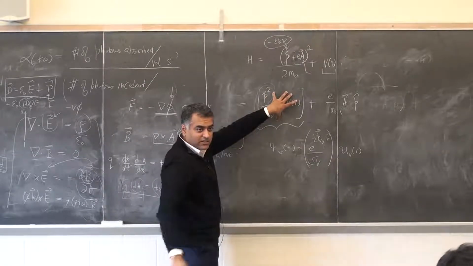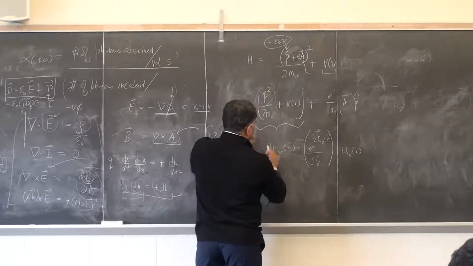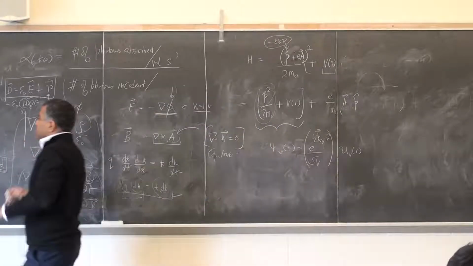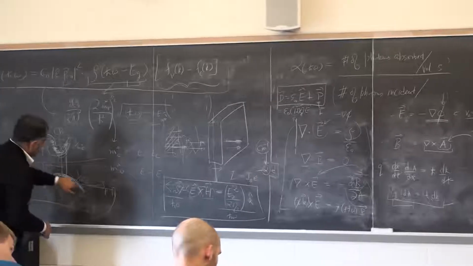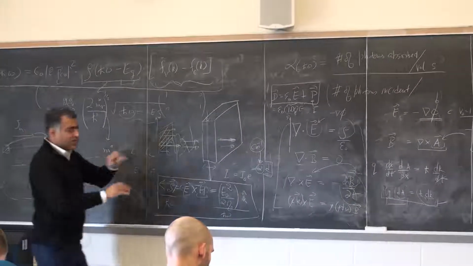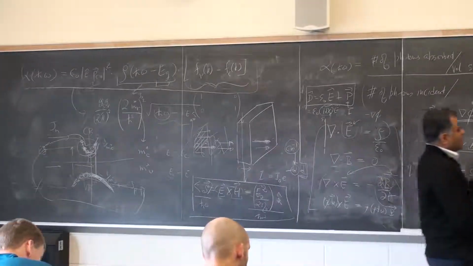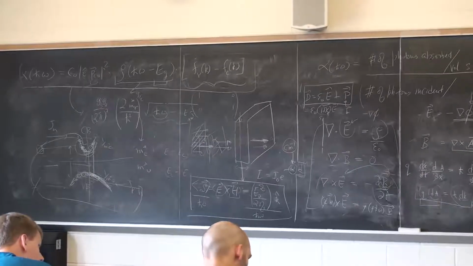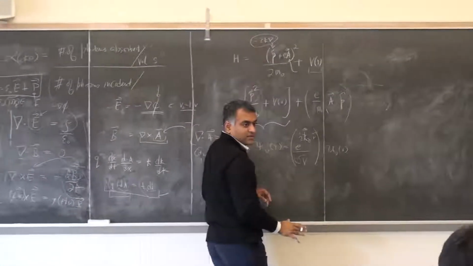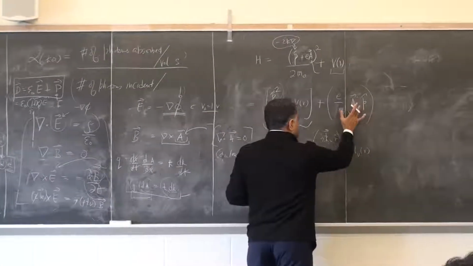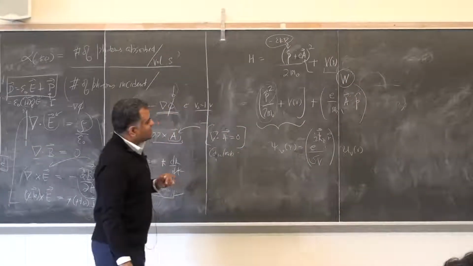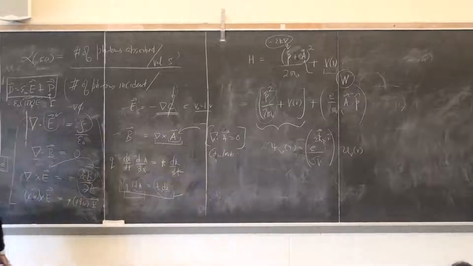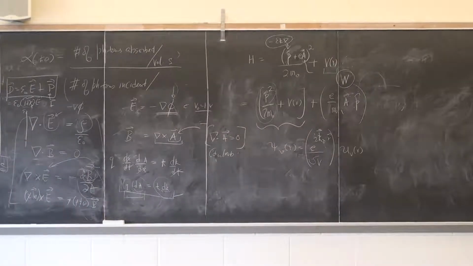This part is completely solved, and the energy eigenvalues for the conduction band are known because we know the effective mass. Valence band are also known. So we have completely solved this part of the problem, and now we are going to treat this as the perturbation term. This is our W, which will tell us how states are going to change, how this state is going to get scattered into that state, and all that sort of thing.